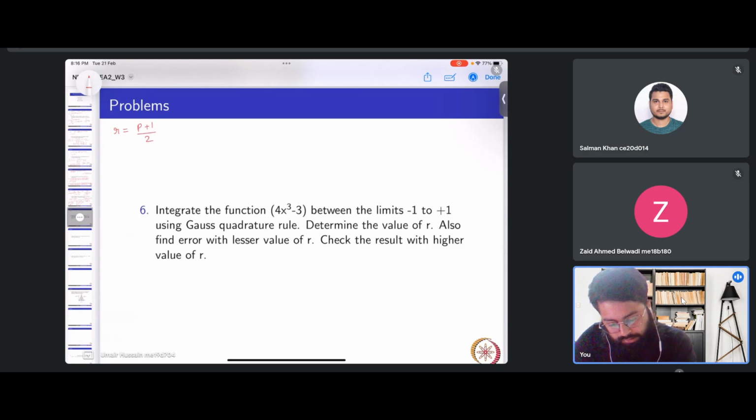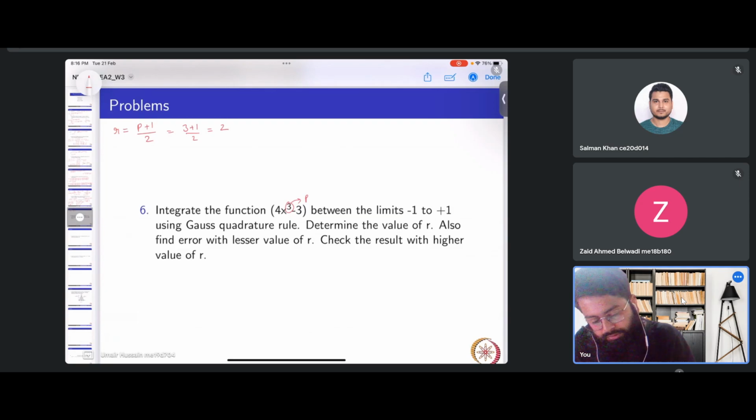So p plus 1 is even here, and this is our p. So 3 plus 1 by 2, we get 4 by 2, which is 2. So we need two Gauss points to evaluate this integral accurately.